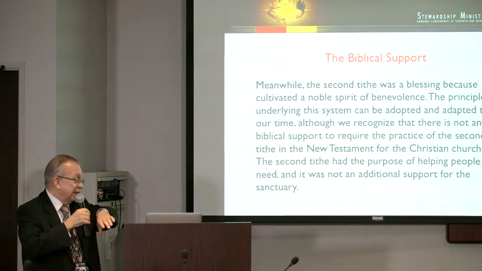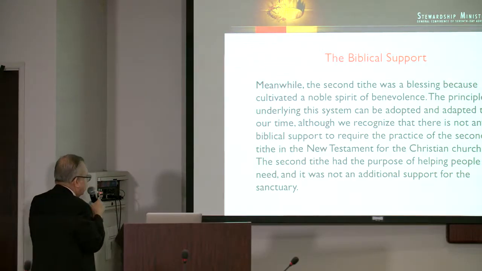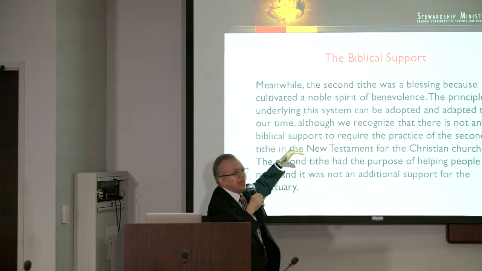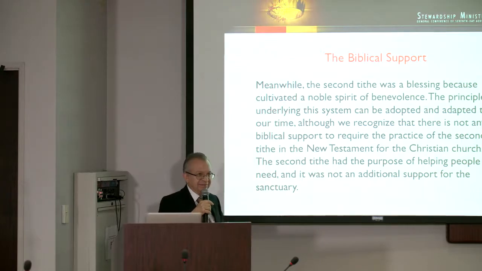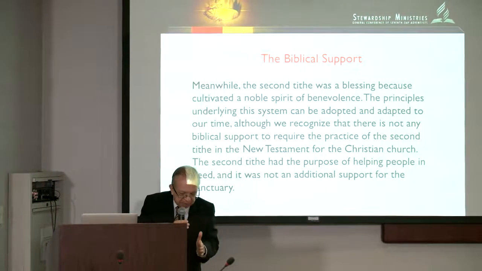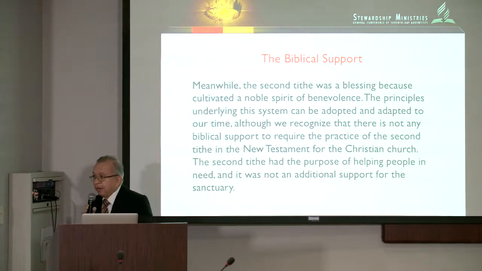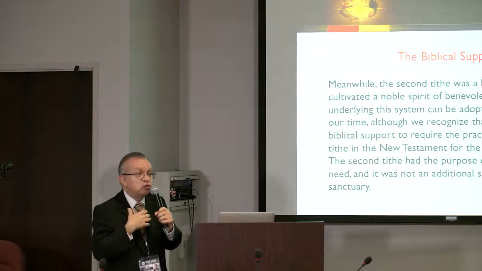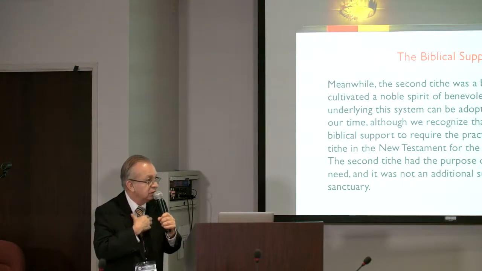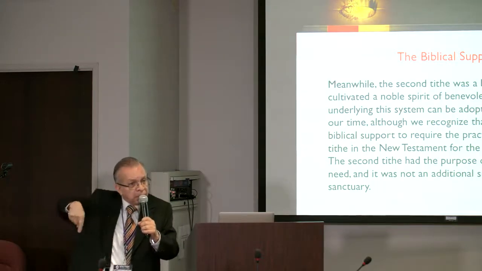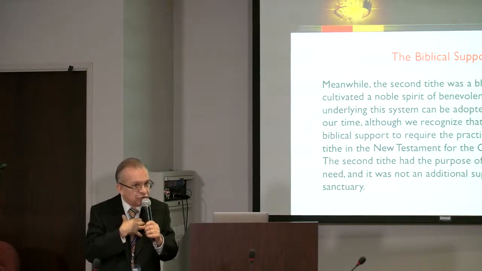That's why, in this case, what I recommend is begin with any percentage and separate. At the time when you separate the first tithe, separate any percentage for charity. It's your personal charity. Here we are not talking about the corporate charity, but the personal charity.